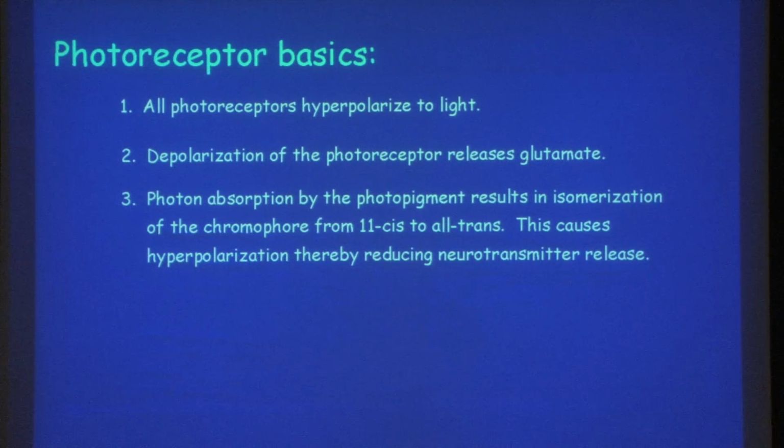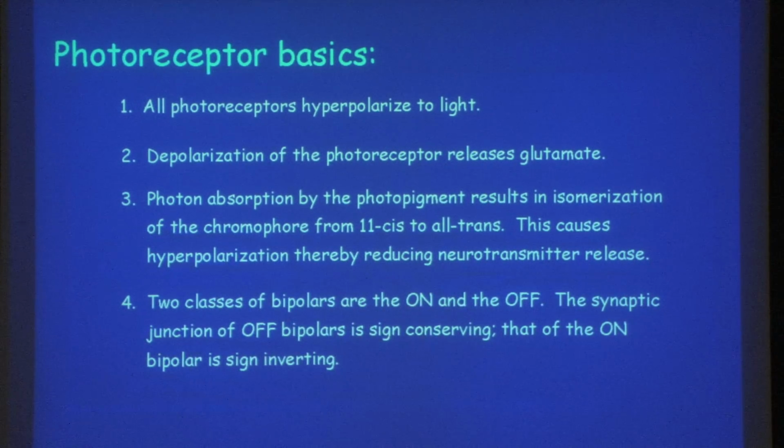And then furthermore, just to look at the details, this you don't need to remember exactly in these words. Photon absorption by the photopigment results in isomerization of the chromophore from 11-cis to all-trans. This causes hyperpolarization, thereby reducing neurotransmitter release. But what you do need to remember is the next step, which says the same thing in much simpler words. It says that there are two classes of bipolars, the on and the off.